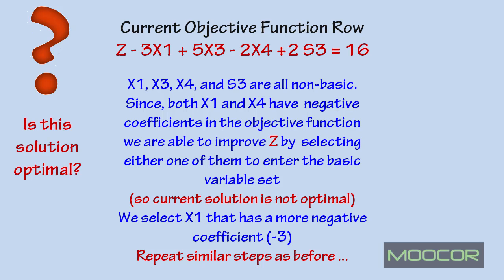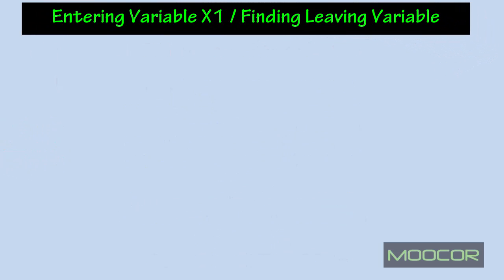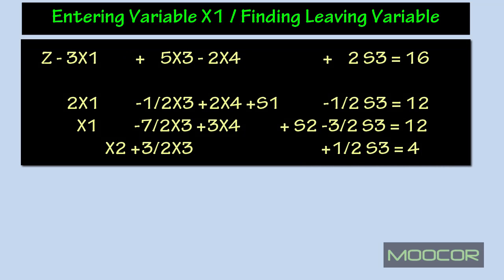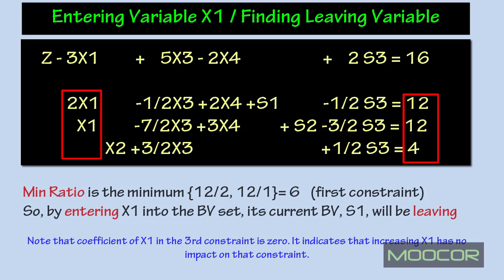There are actually two negative coefficients in there, so we can still improve the value, and x1 is the better one because it has a more negative coefficient. So we are selecting x1 as entering variable. Now we need to identify the leaving variable, and we do that through the min ratio.